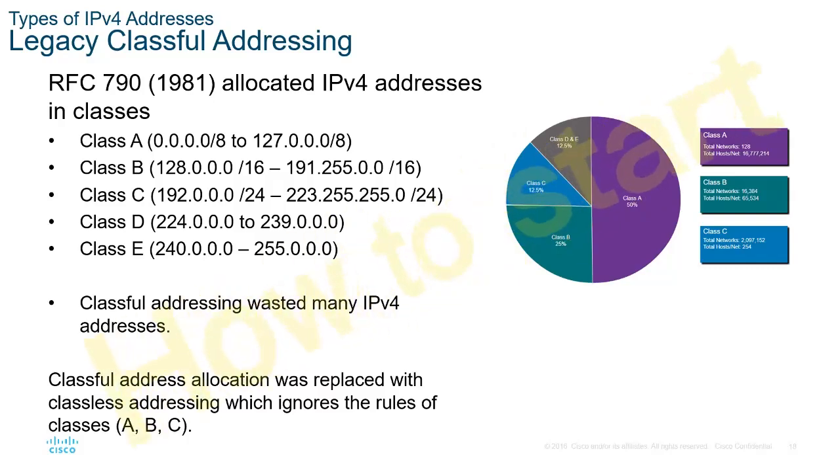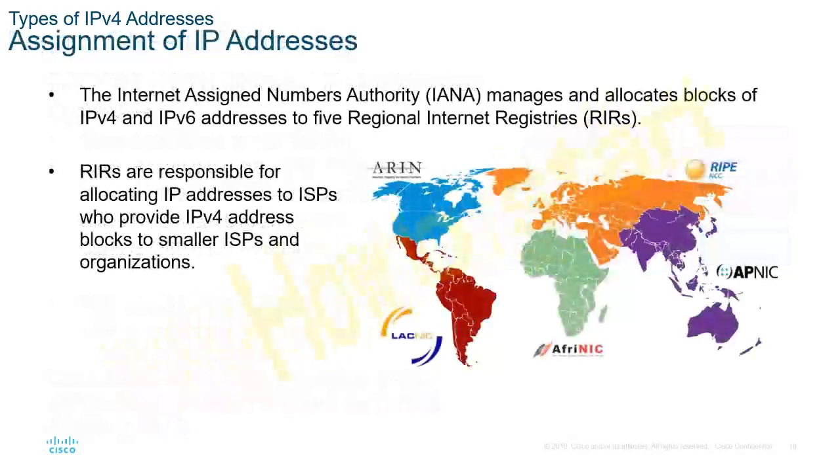A common question I get is who assigns IP addresses? There are different groups. ARIN is for America. We have LACNIC for Latin America. We have AFRINIC for Africa. We have APNIC for the Asia Pacific, and we have RIPE for Europe and most of the Middle East and Upper Russia.